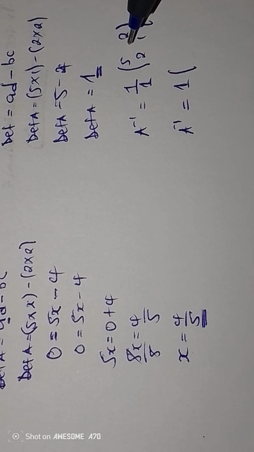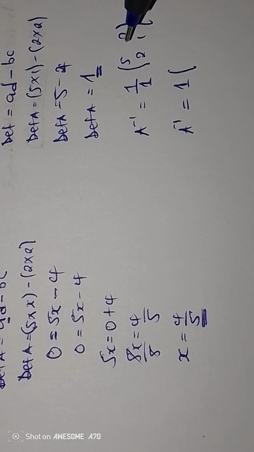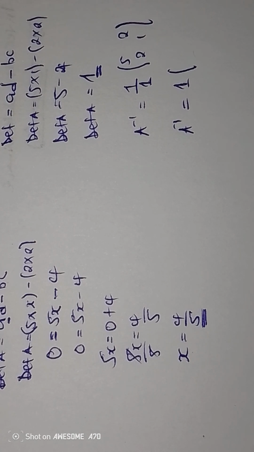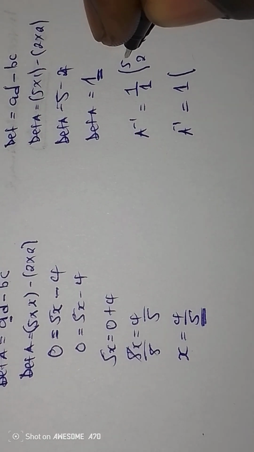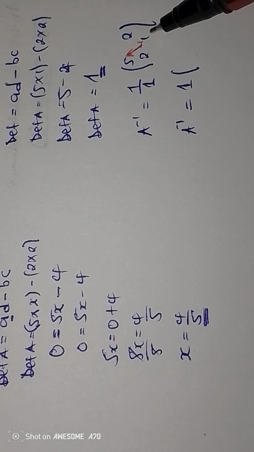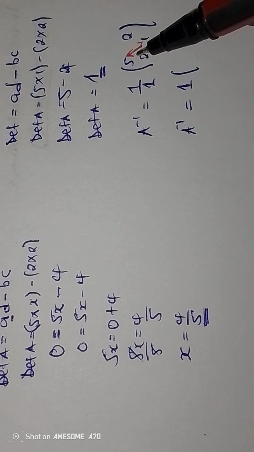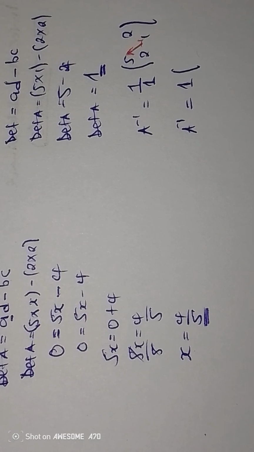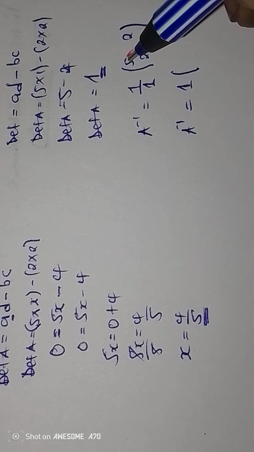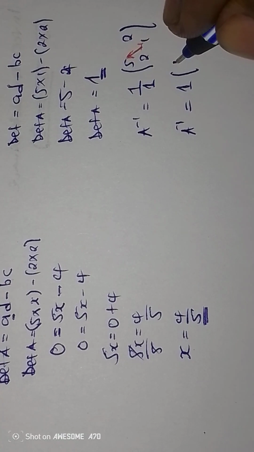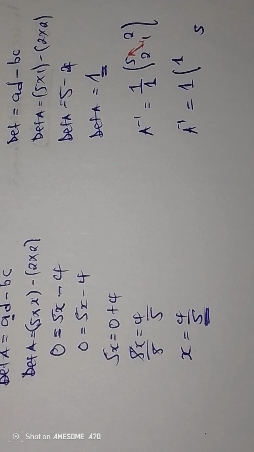Now after finding the determinant, here we call this the major diagonal. The members in the major diagonal interchange their positions. So in this case, the 1 will take the place of the 5, and the 5 will take the place of the 1. So a 1 comes right there, and here we have our 5.